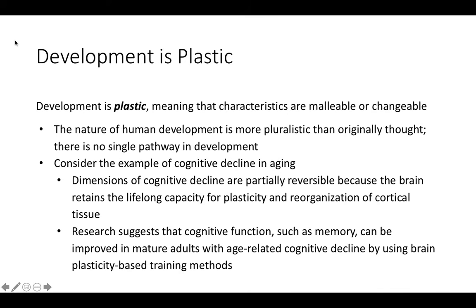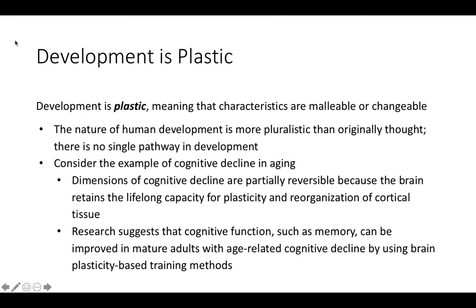Okay, and development is plastic, and I don't mean the type of plastic that you drink through a straw. Okay, this is talking about that the characteristics that you experience are malleable or changeable. So when I'm referring to something being plastic, I'm referring to it being malleable or changeable. So the nature of human development is more pluralistic than originally thought. There's no single pathway in development. So I want you to consider the example of cognitive decline and aging.